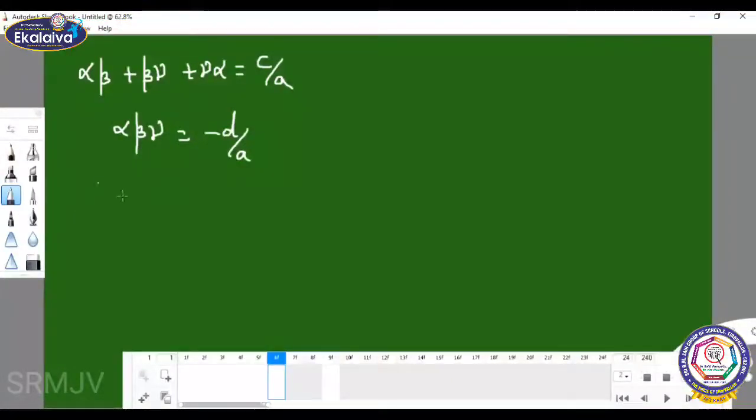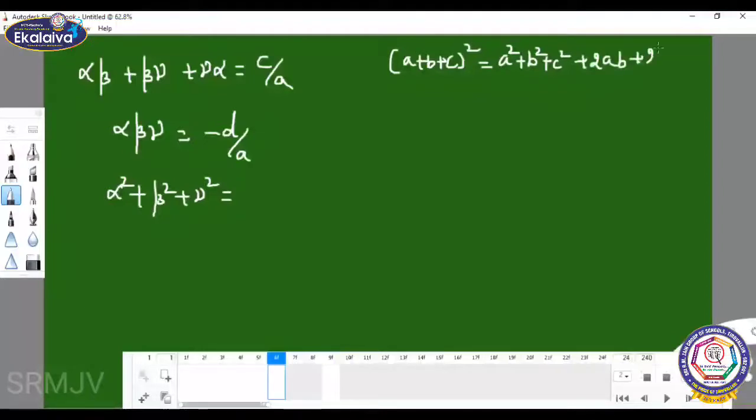So alpha square plus beta square plus gamma square equal to, you know the formula. What is the formula? A plus b plus c the whole square equal to a square plus b square plus c square plus 2ab plus 2bc plus 2ca.